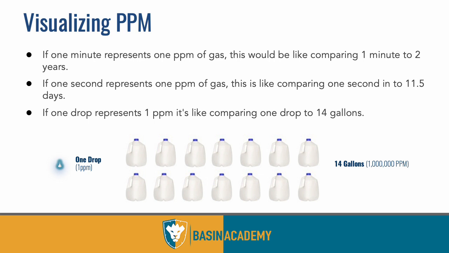I need you to think about 14 gallons divided up 1,000,000 times into these little drops, and then take that little drop and divide it another 1,000 times. And then some function of that 1,000 is when people are going to start to smell it. After so many, we can't smell it anymore. So I just really want us to wrap our minds around how small atomically 1 part per million is in the air.